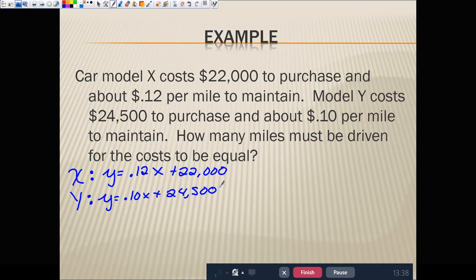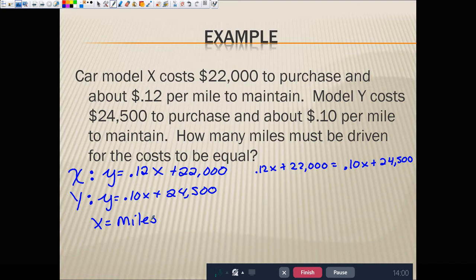I'm going to take my 0.12x plus 22,000 and have it equal my 0.10x plus 24,500. Because it says how many miles, so x is going to be miles. So we're looking for just x in this case.